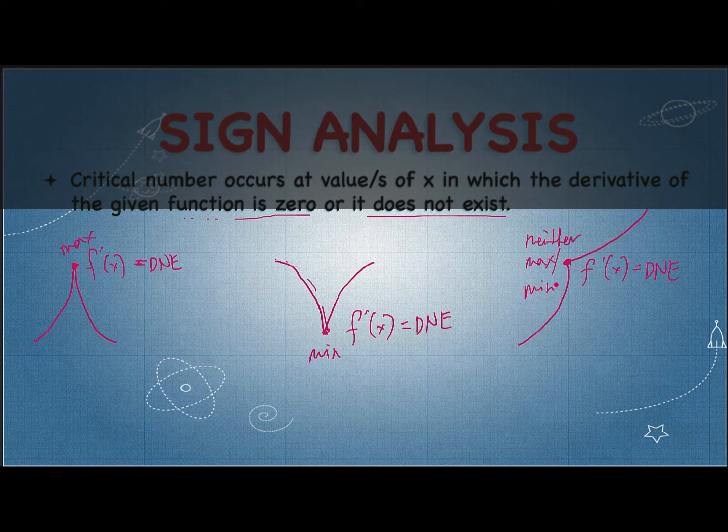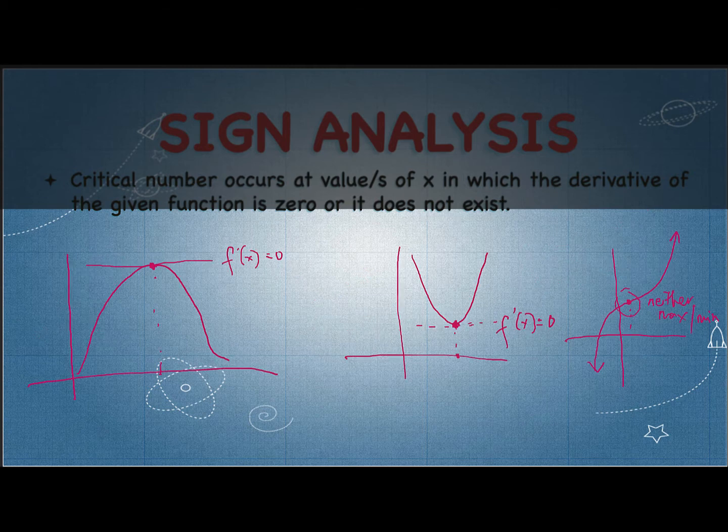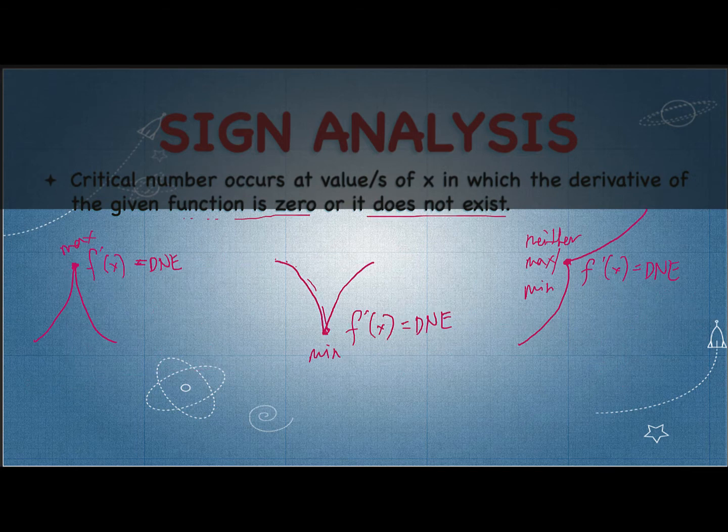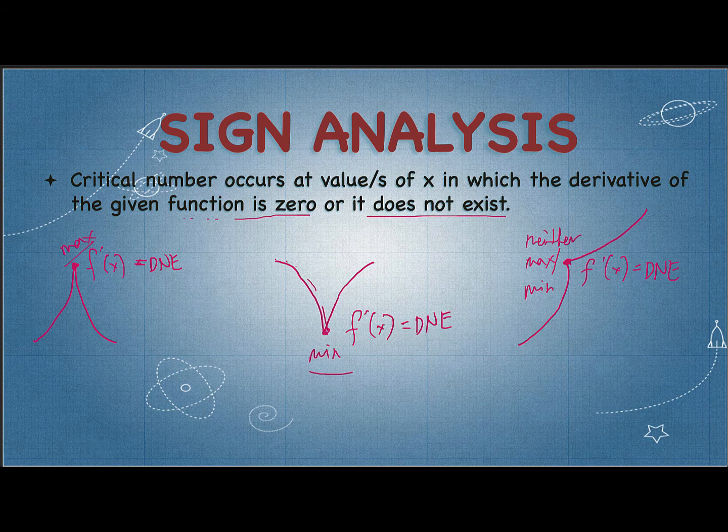Just like in our previous analysis for the function which has a derivative of 0, it could have a maximum, a minimum, or neither. And also, if the derivative does not exist, we have also three cases: either a maximum, a minimum, or neither maximum nor minimum.